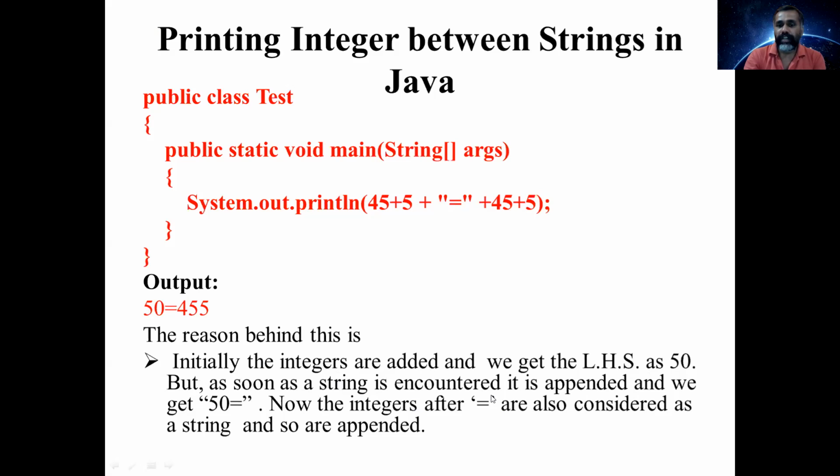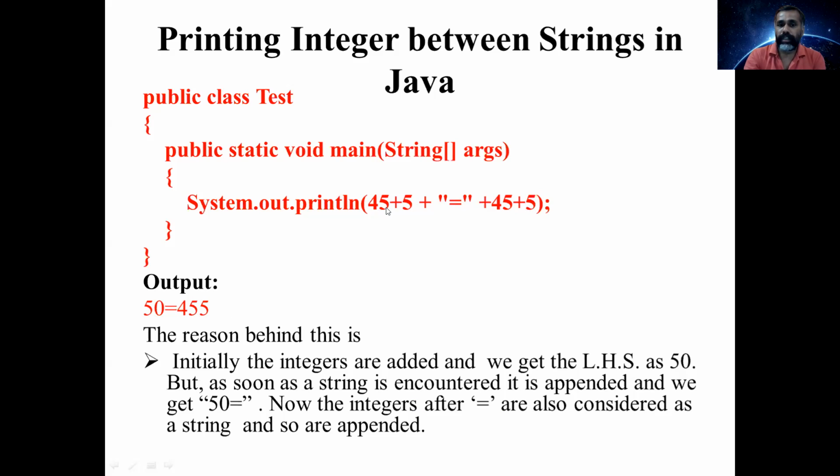Now the integers after the equal to are also considered as strings. Once a string is encountered, everything next to that is considered a string. So 45 is printed and 5 is also printed, concatenated and appended in the output. So the output is 50 is equal to 455.